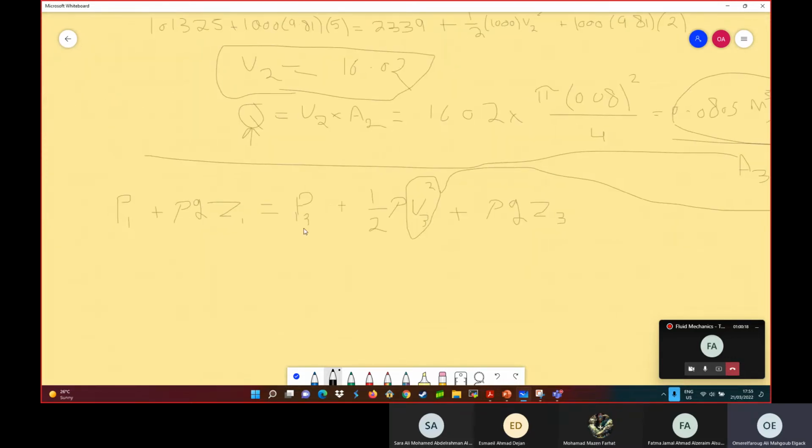Okay, and then substitute V3, and substitute P as the cavitation pressure, because assuming that we will keep raising this point until it becomes the critical point where the cavitation will occur. And this is Z3, this is the variable that we want to find.